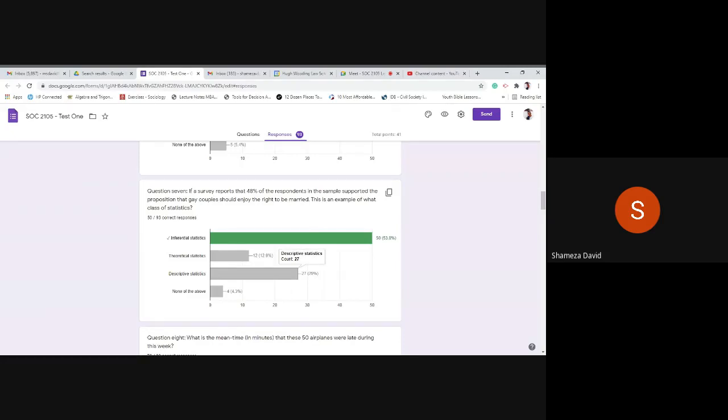I totally understand why the persons who said descriptive statistics gave this answer, but the thing is that mostly when you report your findings in this way, to say, okay, 48% of the persons said, or 65%, the purpose is usually to make a generalization.